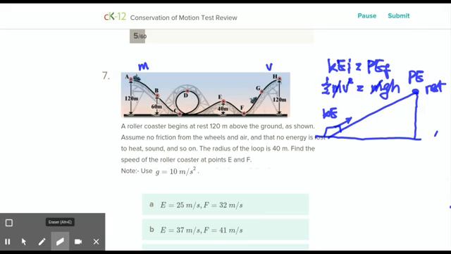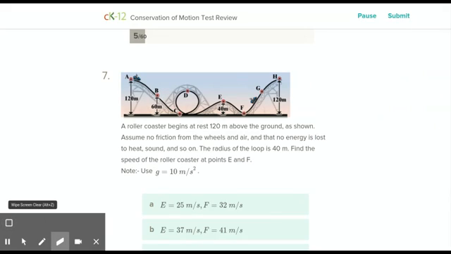Next, number 7. Okay, I am going to give you roller coaster questions, but not that many.